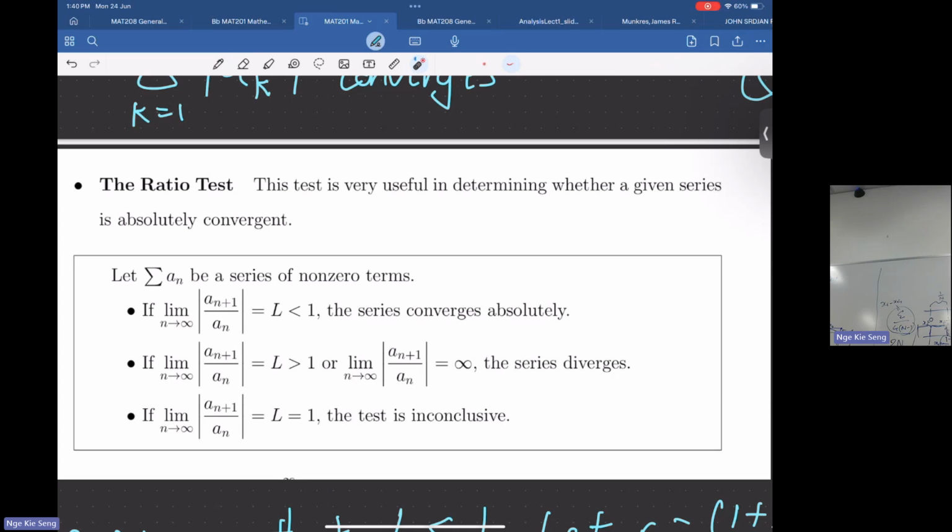If the limit of the absolute value of this ratio is equal to something less than 1, that means what? The series converges absolutely. Can you imagine when this limit is less than 1?